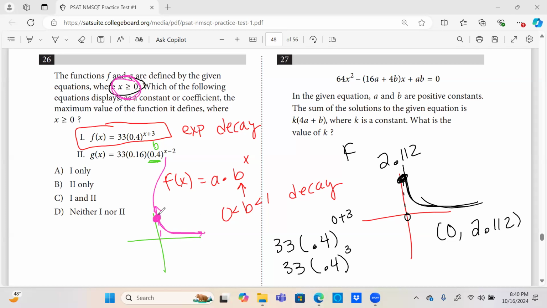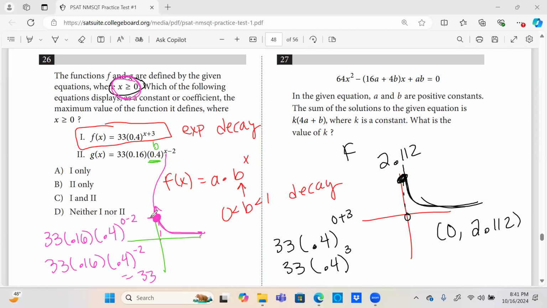So plug 0 here. For G, that'd be 33 times 0.16 times 0.4 to the 0 minus 2. That's 33 times 0.16 times 0.4 to the negative 2. Run that through your calculator. And that's 33.